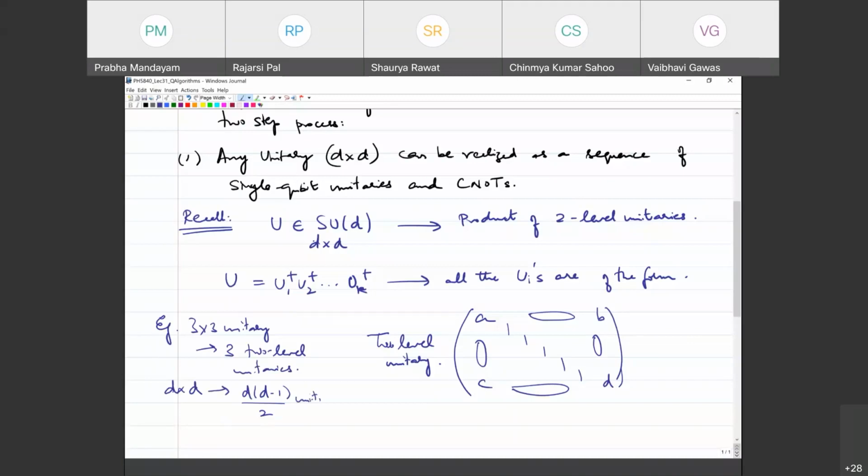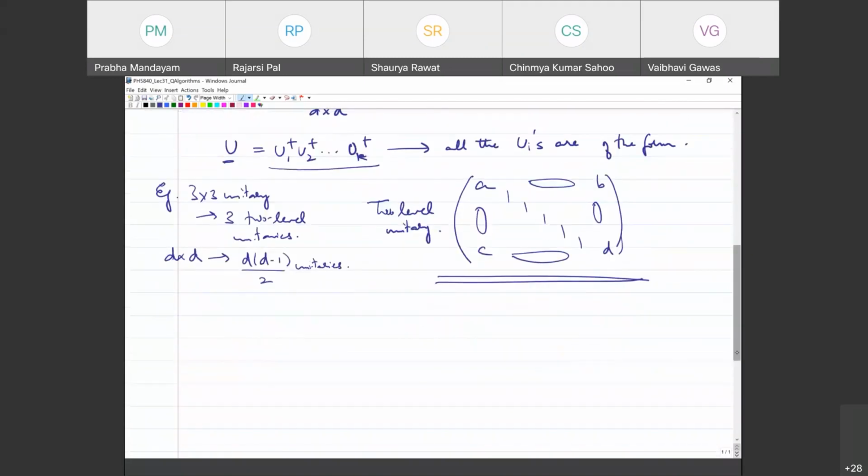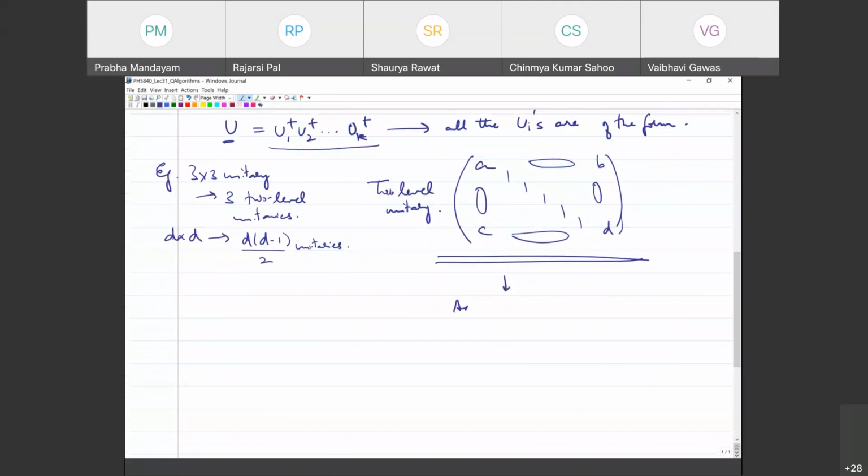right? Okay, so now the second part of the statement is that once I have an arbitrary unitary as a product of these two-level unitaries, we said the two-level unitary acts non-trivially only on two states, right? On the rest of the states, it acts trivially, meaning like identity. So this acts non-trivially only on two states of whatever that dimension is.